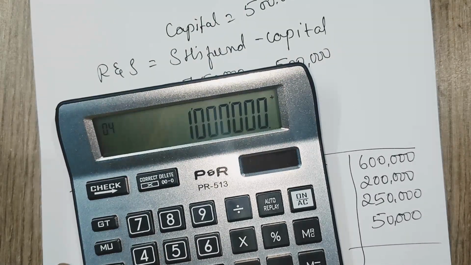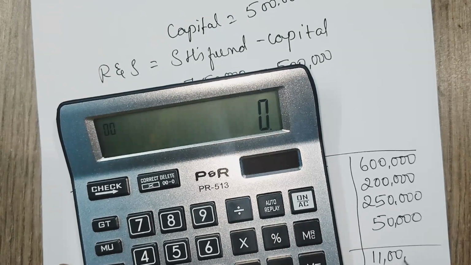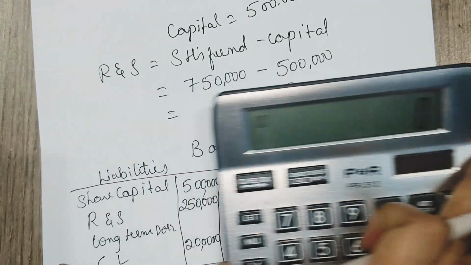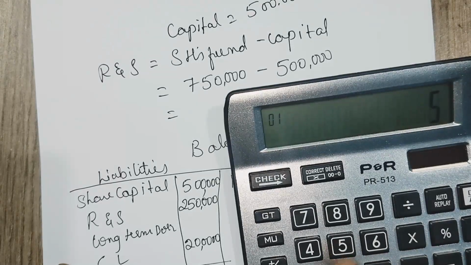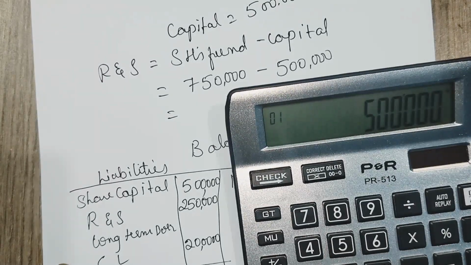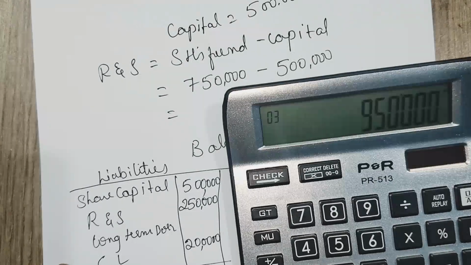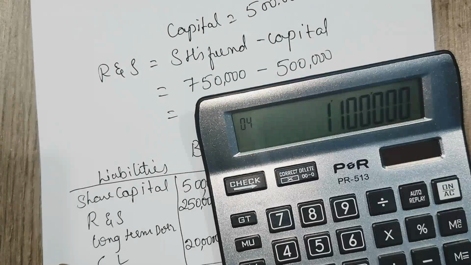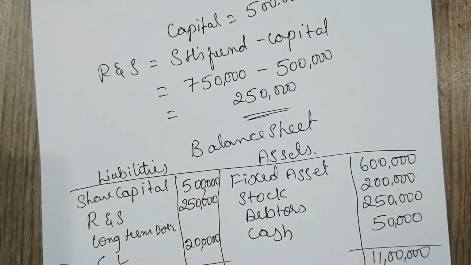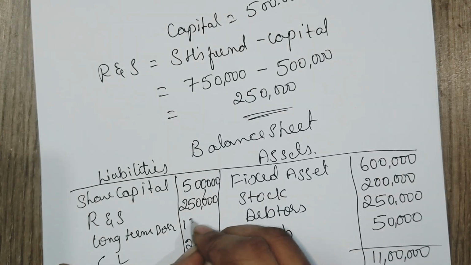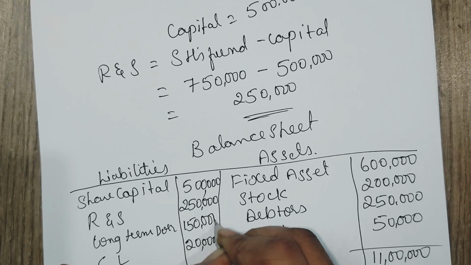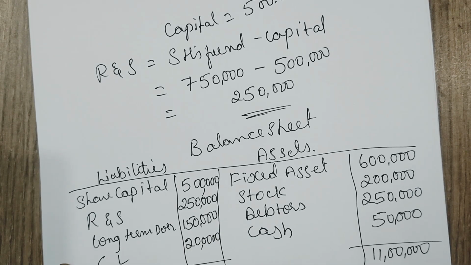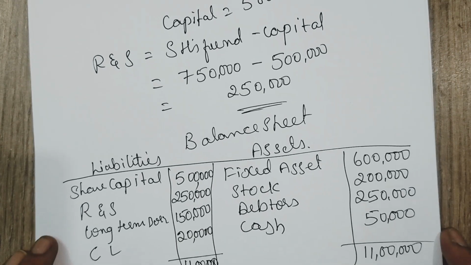It is 11 lakh. Here it is 5 lakh, 2 lakh 50 plus 2 lakh. 9 lakh 50,000 is there. Minus 11 lakh is 1 lakh 50,000, the balancing figure that we are considering as long term borrowing. It is 11 lakh.